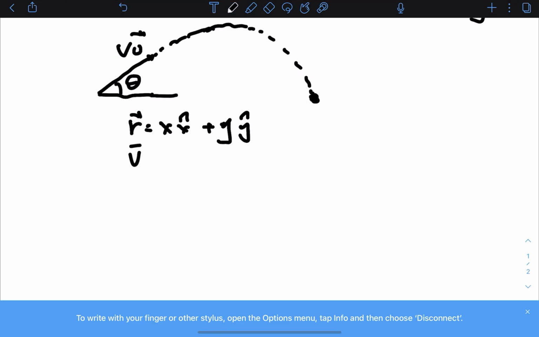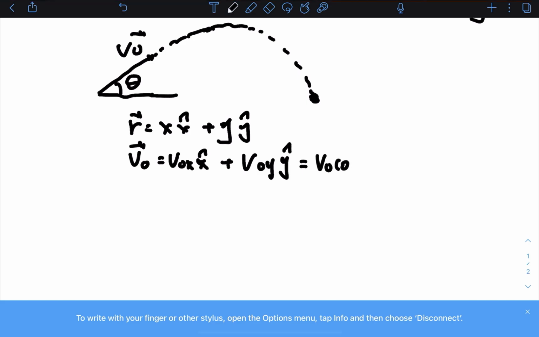By the initial velocity, we can also separate it into two components, the x component and the y component. We can represent it in the following way because we know the angle between the horizontal axis and the initial velocity.